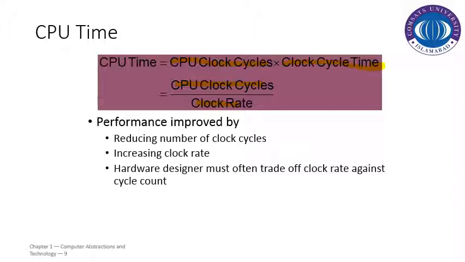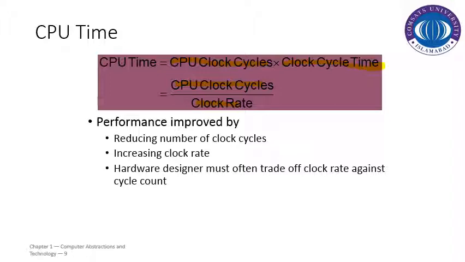So what are the factors in this equation that increase performance? If we can reduce the number of clock cycles needed to complete that program, we can say that our performance is improved. The CPU time is reduced, and since performance is the reciprocal of the CPU time, or the response time or execution time, performance will automatically increase.